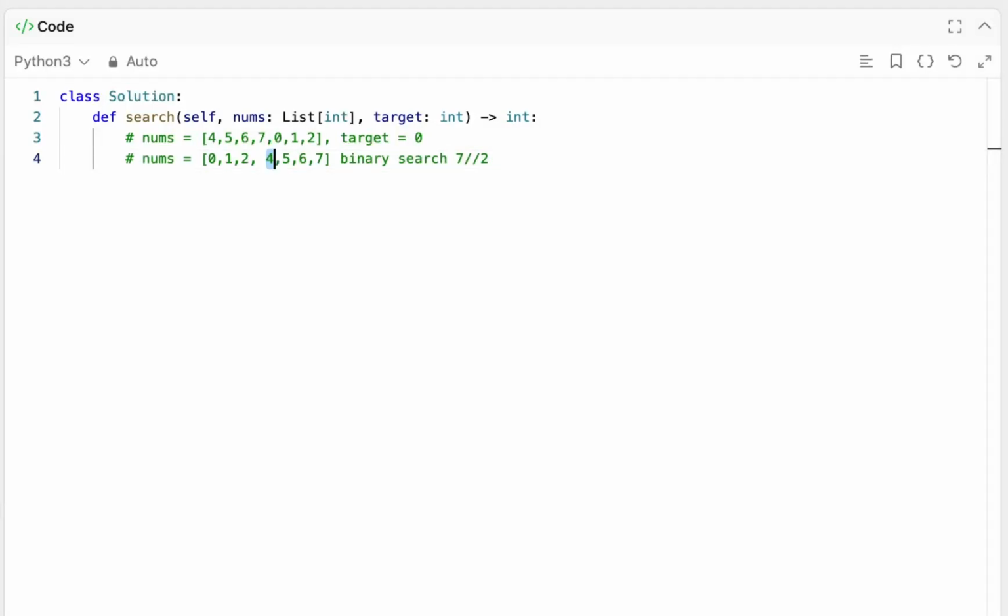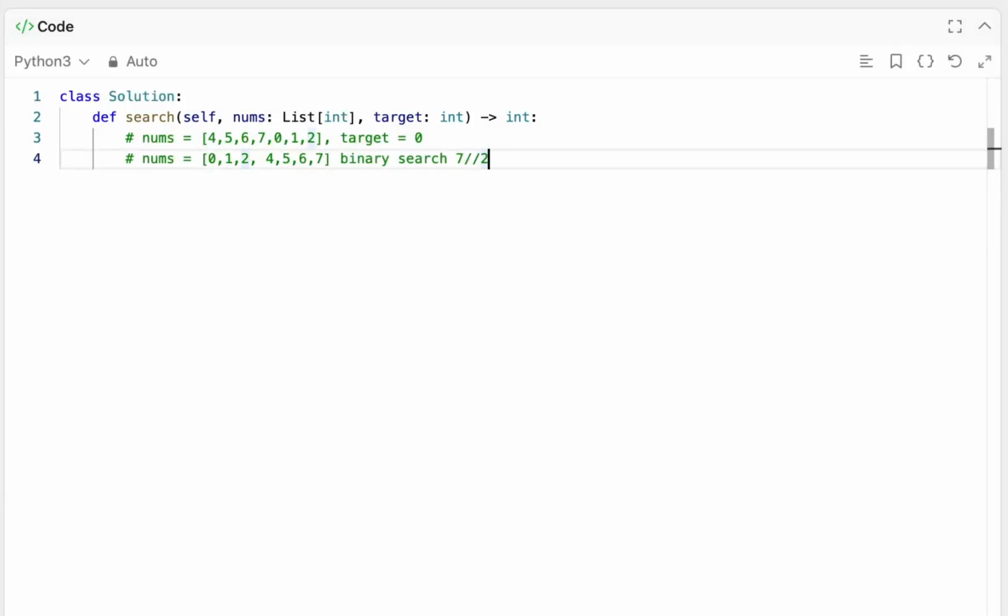This would be the middle, and we check if it is equal to the target, or if it is higher than the target, or lower than the target. If it is higher than target, we know that the answer is to the left, and else we know that it's to the right. And we divide the array by 2 and get our answer.